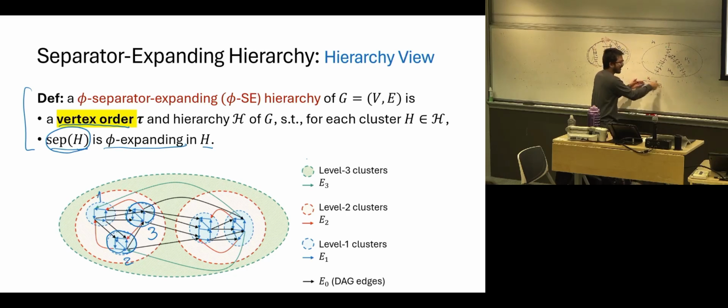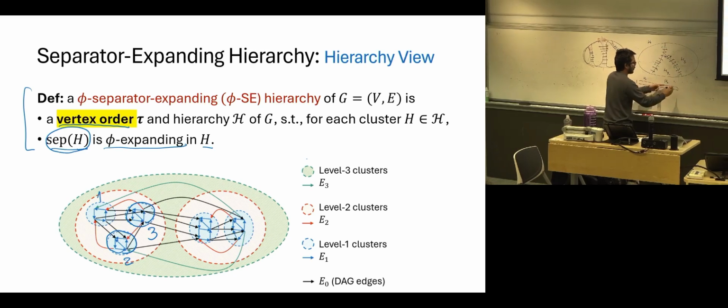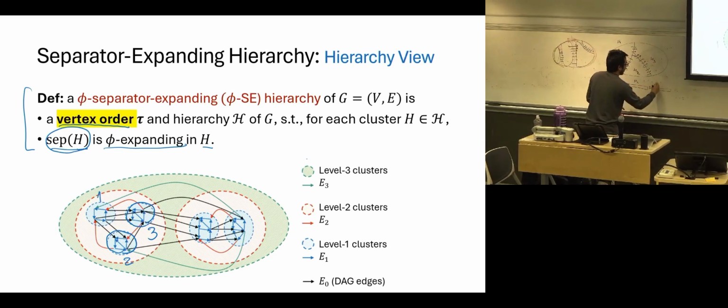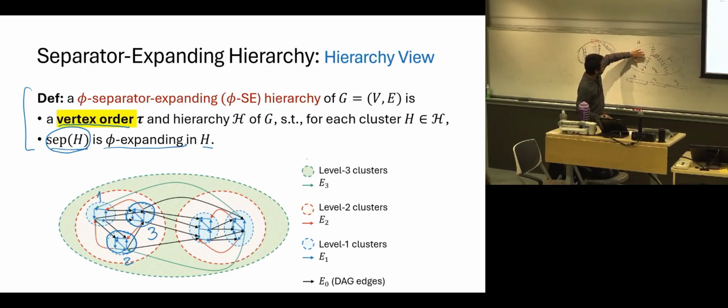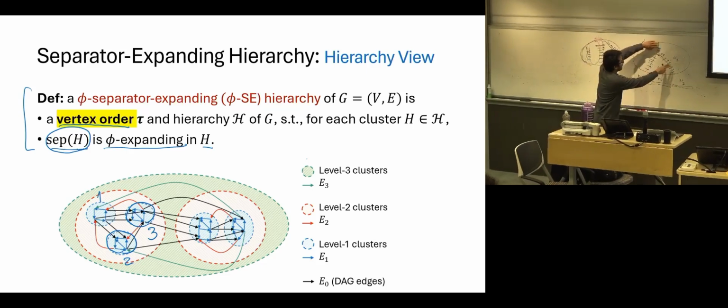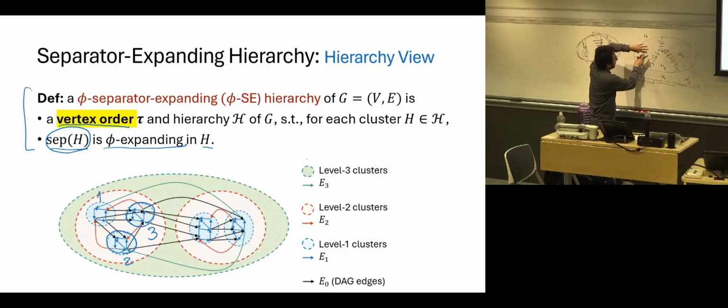I don't know the order inside H1 yet, but everything in H1 is going to be before H2 and H3. Once I remove the green edges, it looks like H1 comes before H2, which comes before H3.